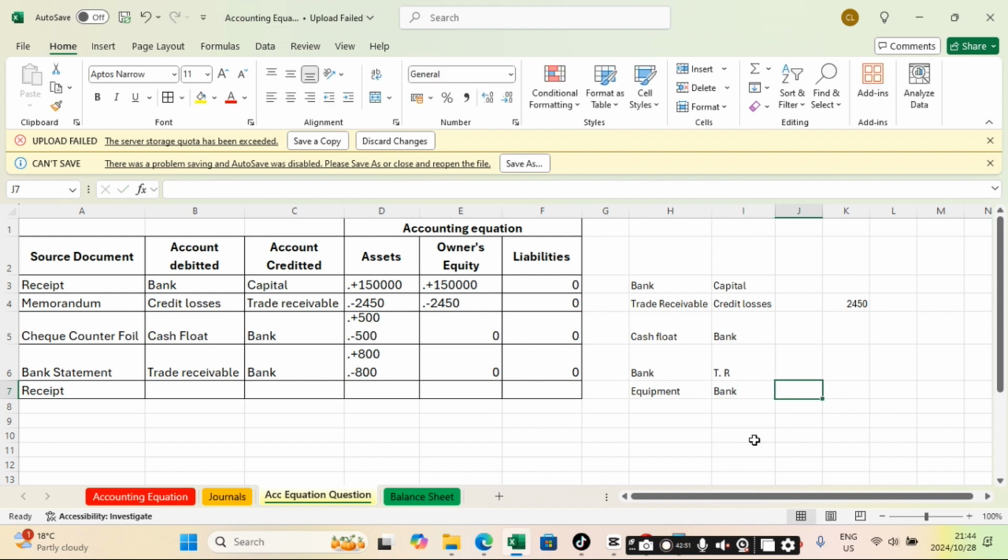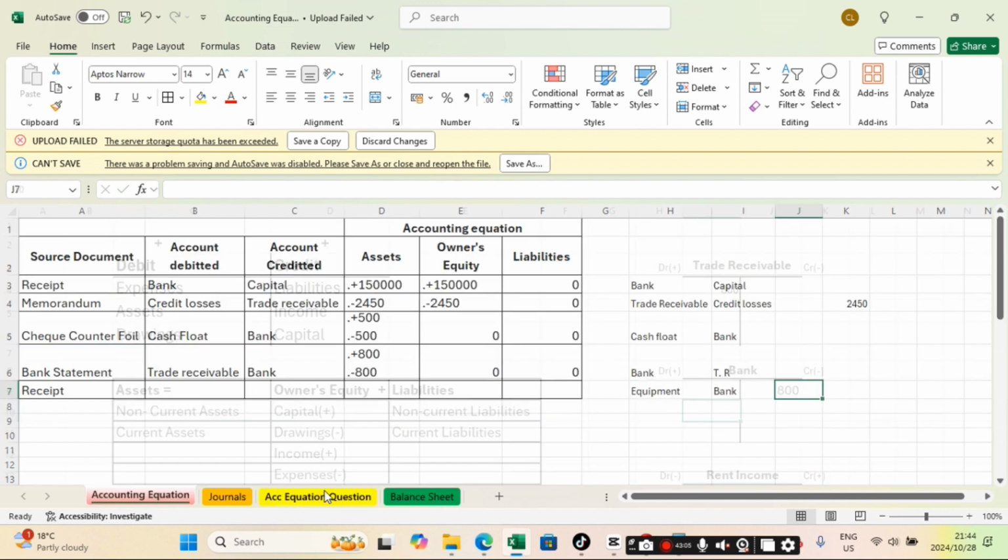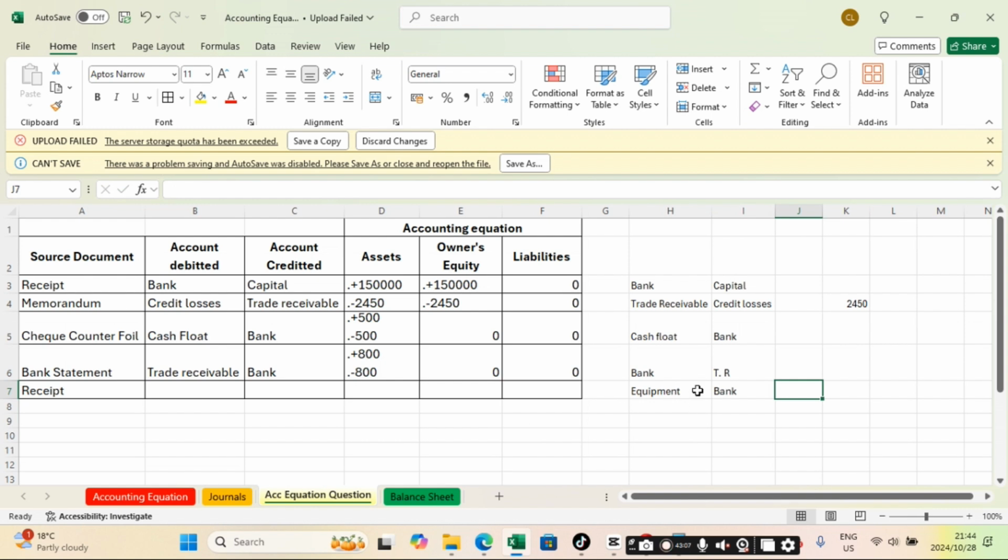So now we need to know which account will be debited. So now I'm doing it the fast way. If you understand our accounting equation, everything becomes simple. So now we know we have these two accounts. We are selling this equipment for cash, so money is going into the bank account. Where does it increase, on the debit side or the credit side? The bank account is an asset.